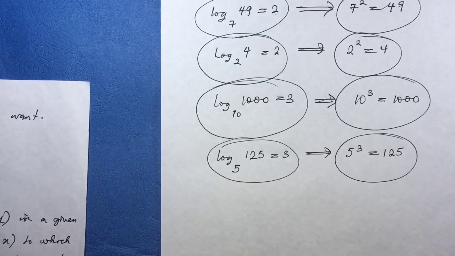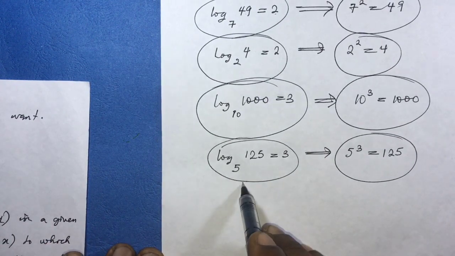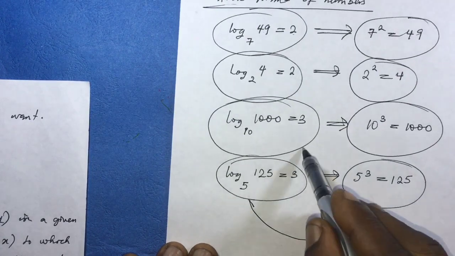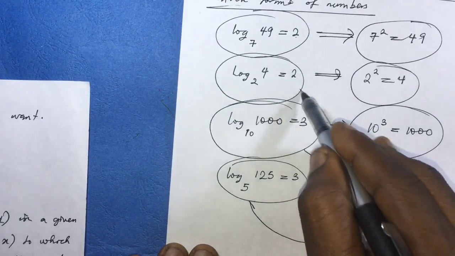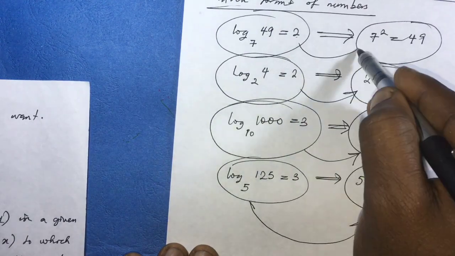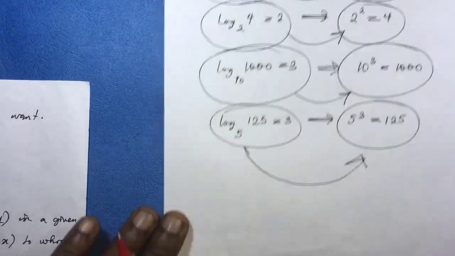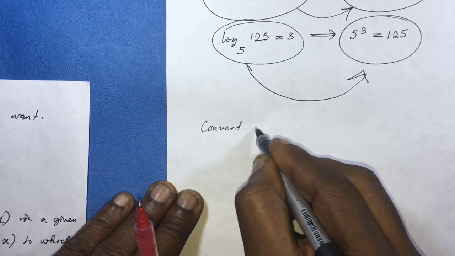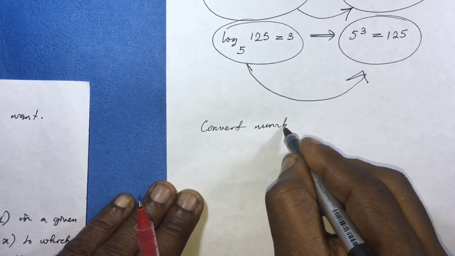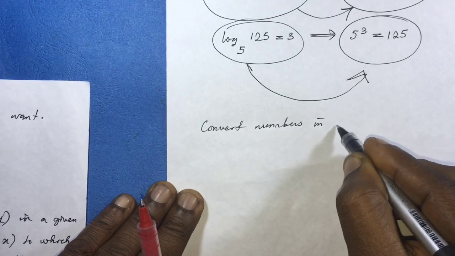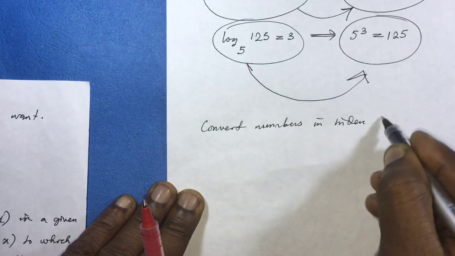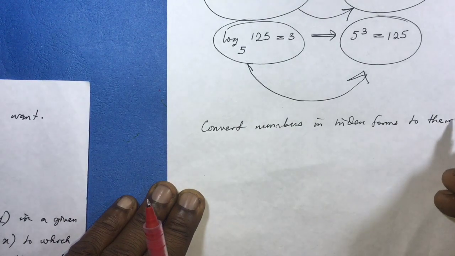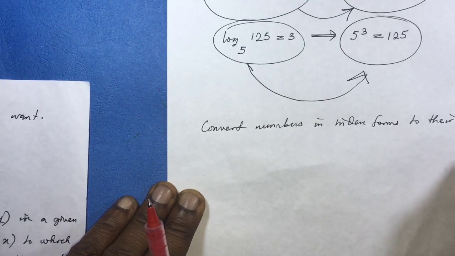So it is very simple to convert numbers from their logarithmic forms to their corresponding index forms. Okay? Now, what if we were to convert numbers in index forms to their logarithmic forms?